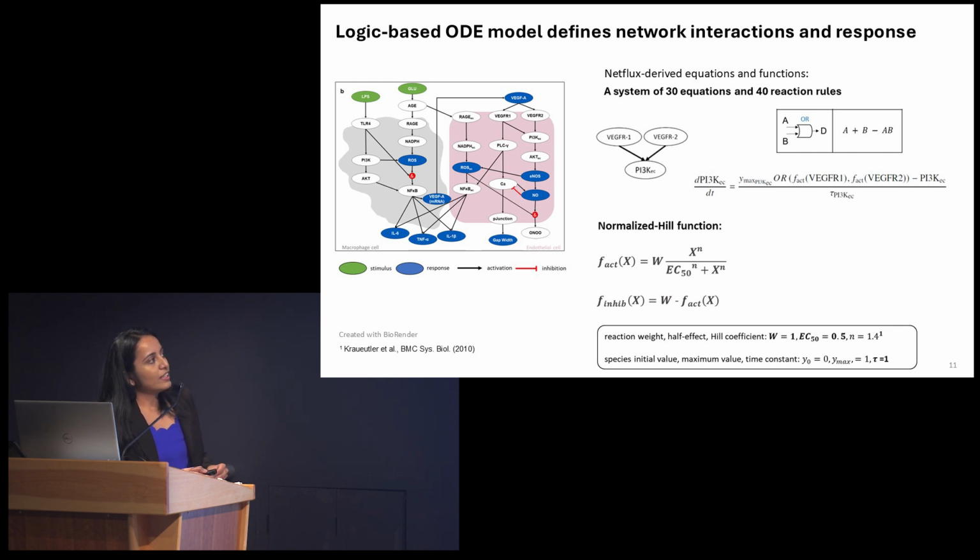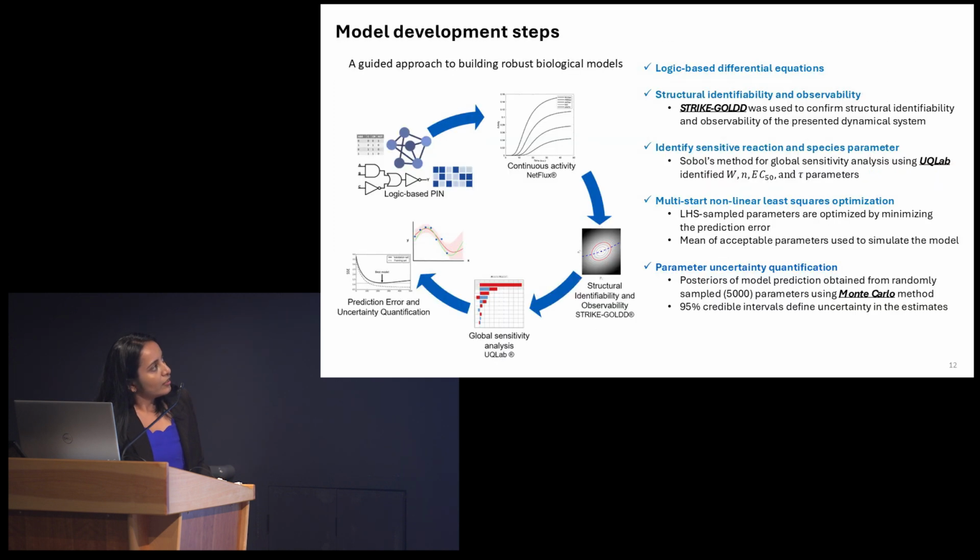So this model is defined by a set of reaction or species parameters, which basically control the strength of each interaction, as well as the time it takes for each protein to get activated or inhibited.